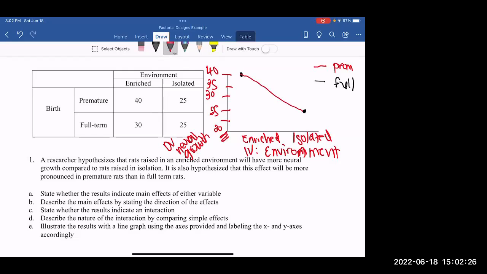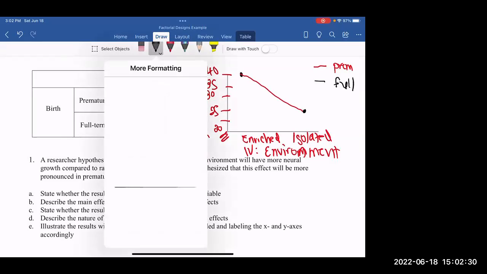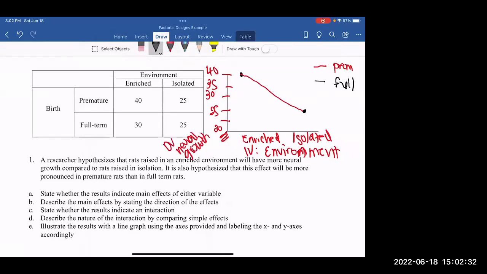Okay. So now we need to plot the line for full term. So for full term rats, the enriched value was 30. And the isolated value was 25. Okay.